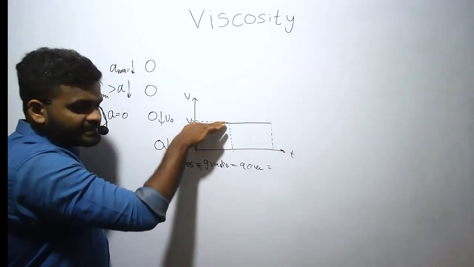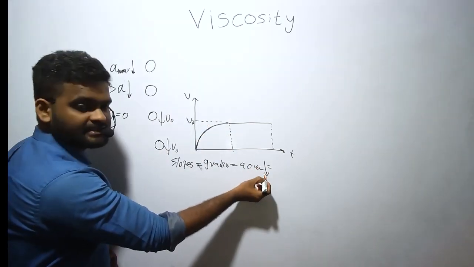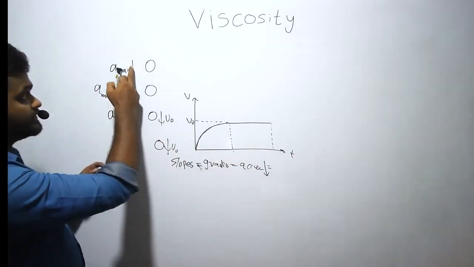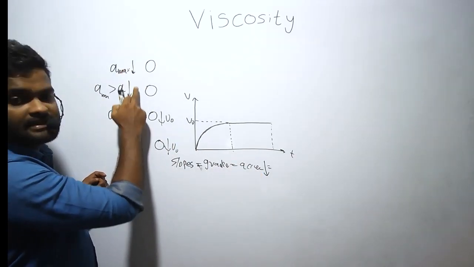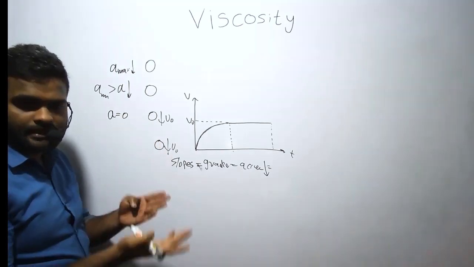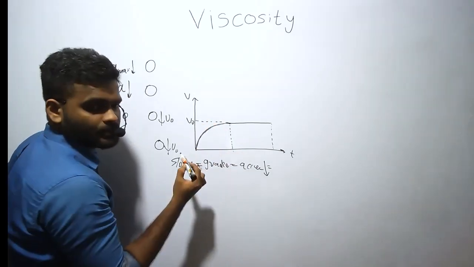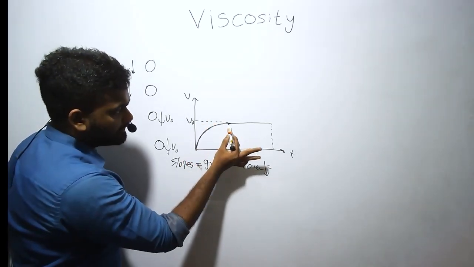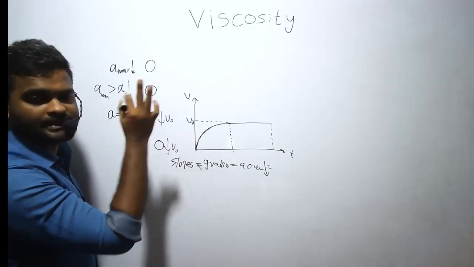So gradient is decreasing. What does it mean? Acceleration is decreasing. This is what happens, right? Starting from maximum acceleration, it decreases. Then acceleration decreases, then becomes 0. When it is 0, gradient is 0 at this point. Then it gains the V0, that is the terminal velocity.